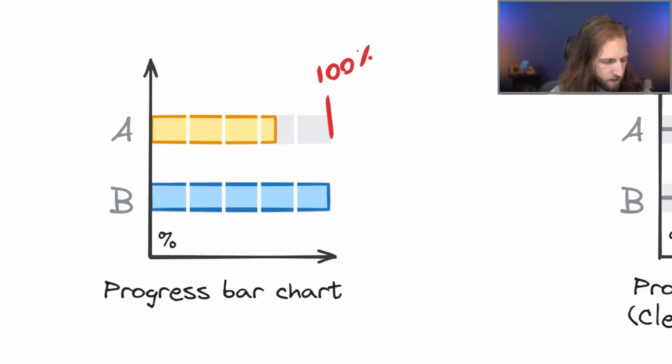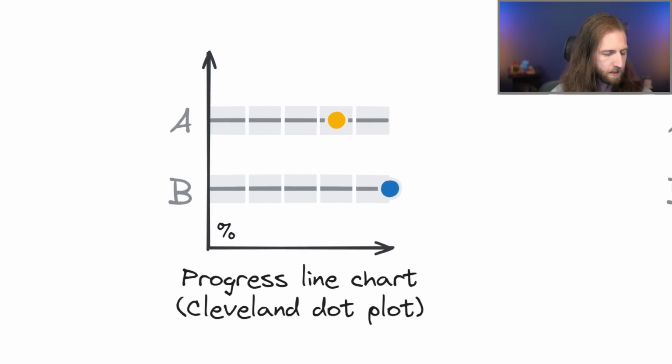Now, we could also visualize this progress instead of in bars as a line. So this is largely just an aesthetic difference, but as we can see here, the colors are much less overwhelming. We're just focused on a more subtle difference, but the overall result is essentially the same. The main difference between this and the previous one is just that we're able to have a more subtle picture of the progress.